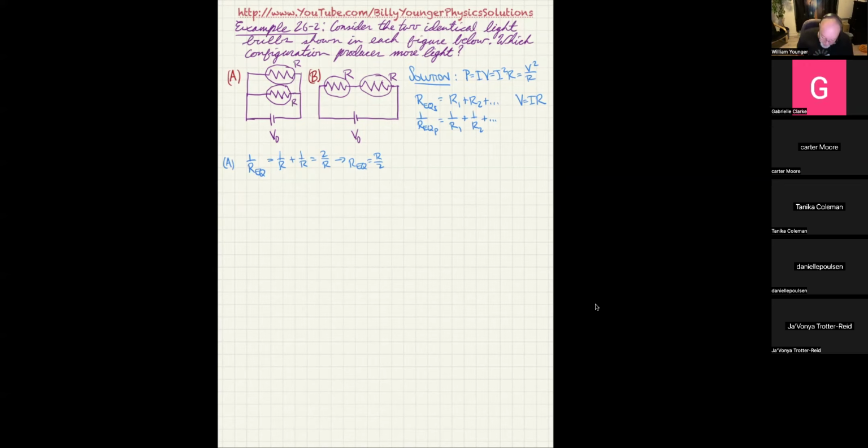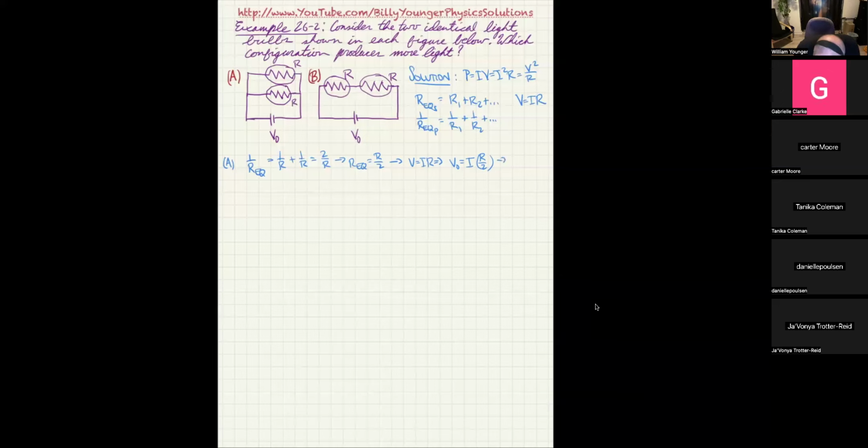Because of that, we can now use V equals IR to figure out how much current leaves the battery. Using V equals IR, we get V0 is equal to I times R over 2. That's because we can literally replace those two parallel resistor light bulbs by one resistor whose resistance is R over 2.